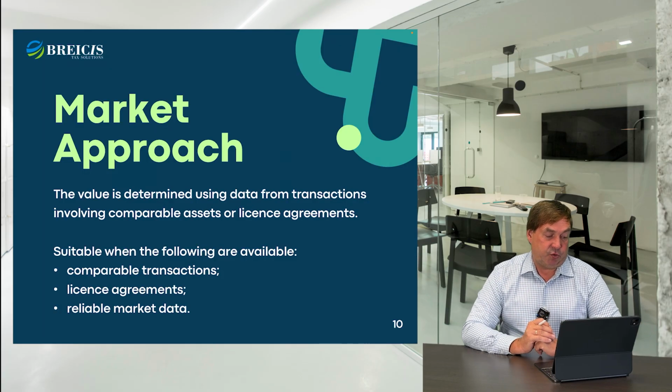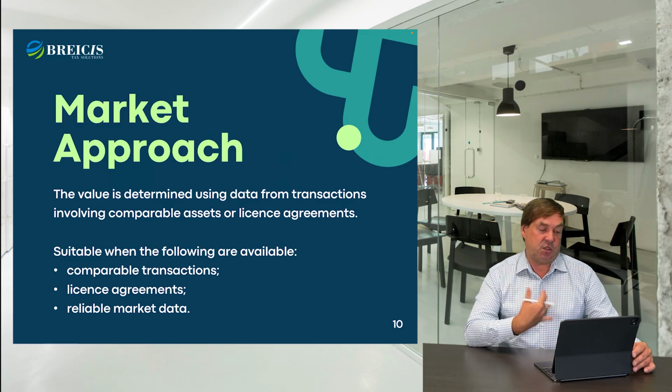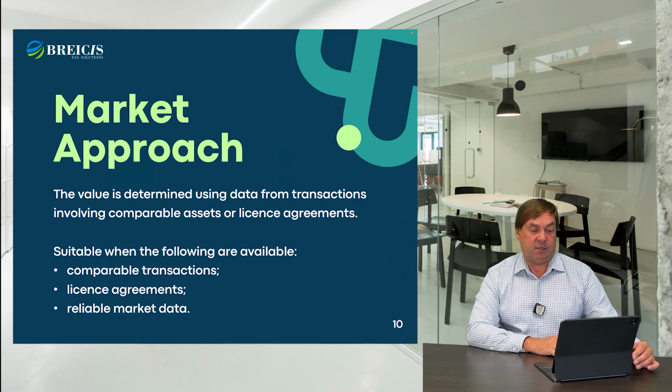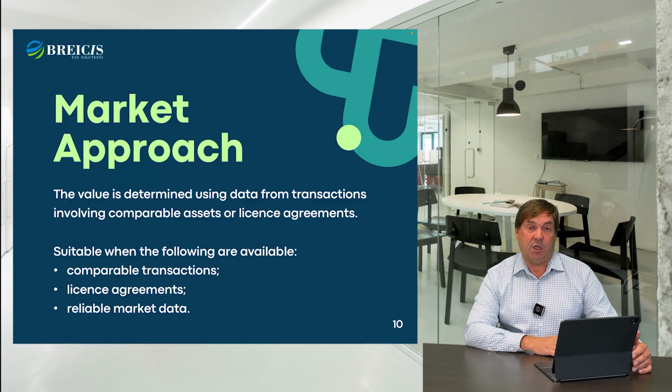First, market approach. Theoretically, it's a very appropriate method. The value is determined using data from transactions involving comparable assets or license agreements. Basically, we cannot find two similar transactions, so we must use multiples. A multiple, for example, is calculated as the value of the real deal divided by the royalty income for one year.